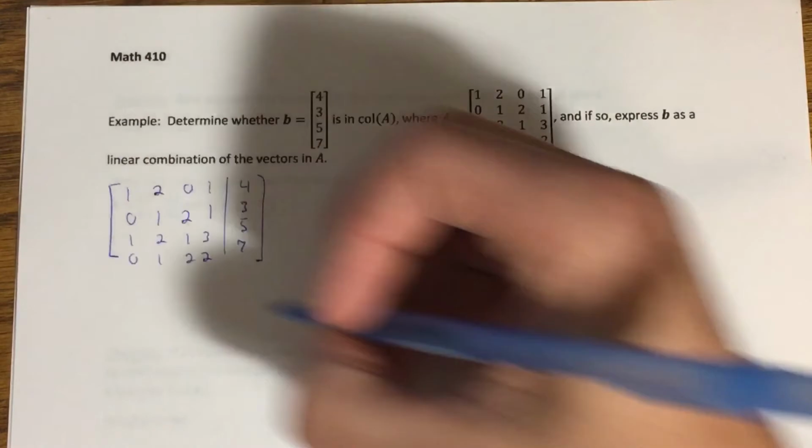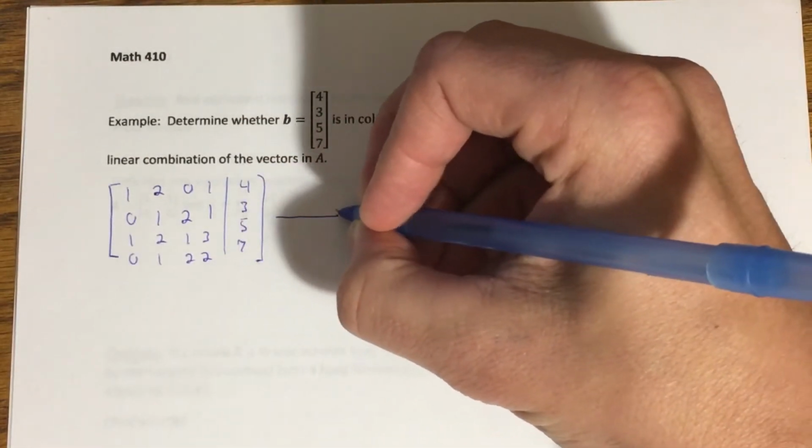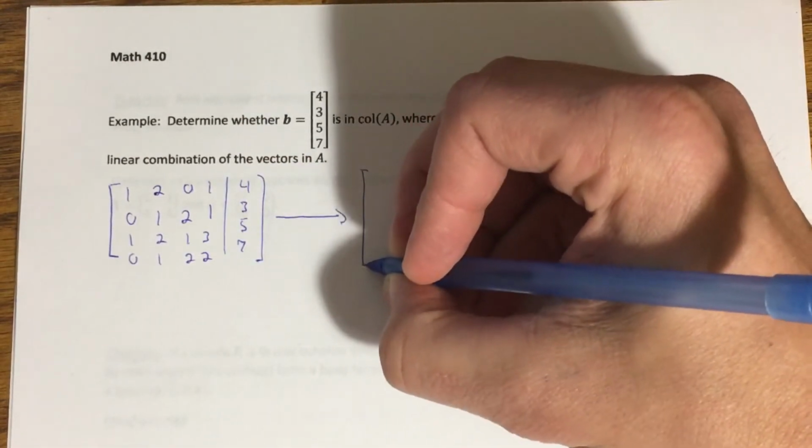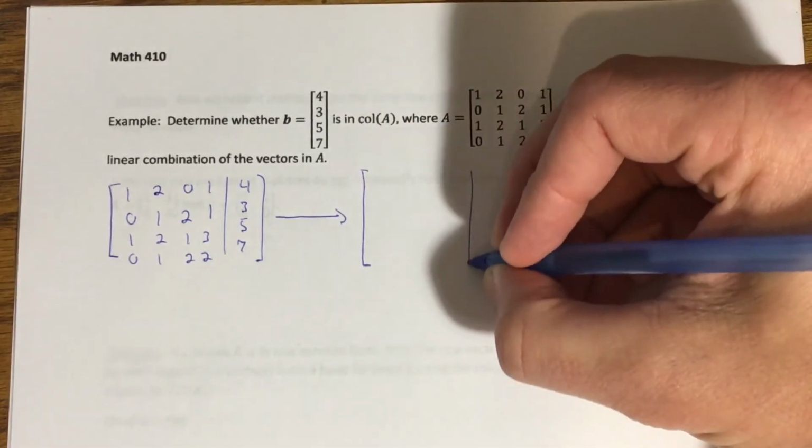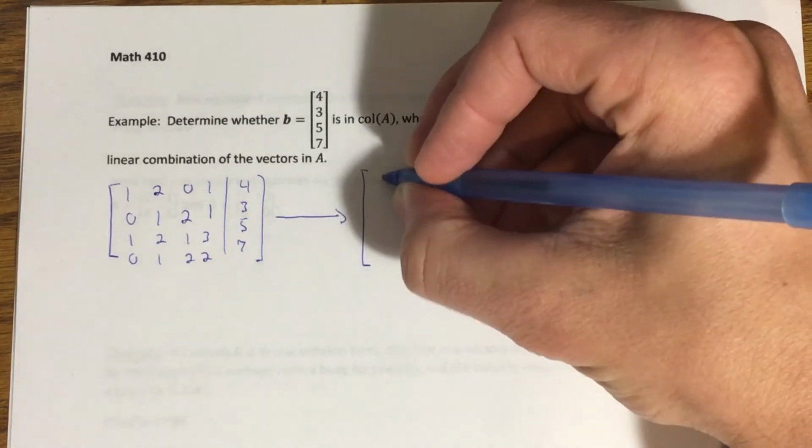Didn't leave myself quite enough space there, but that's all right. If we do Gauss-Jordan elimination on this matrix, then this ends up giving me the identity matrix on this side.